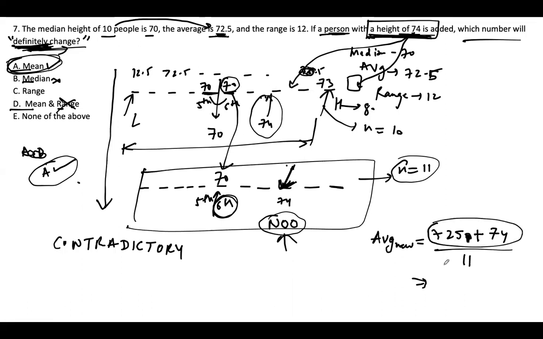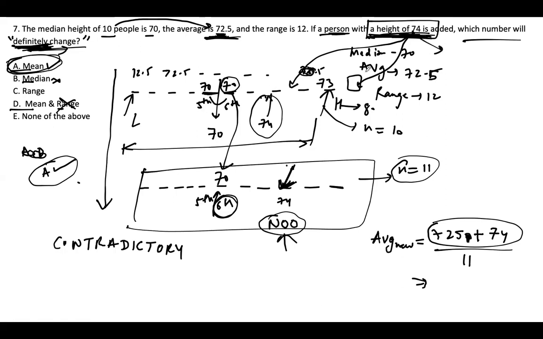Please calculate quickly. No, what I'm trying to say is you mentioned it, if the height was 72.5, then the mean wouldn't change. Then it wouldn't change because average is what? Dividing equally. So if the average is 72.5, in a way I'm saying every person has 72.5. And let's say one more person is coming having a height of 74.